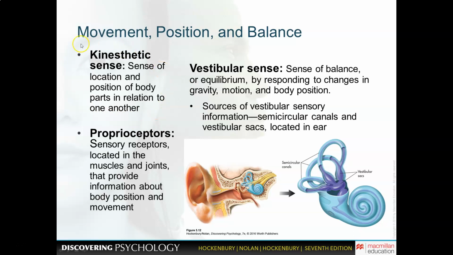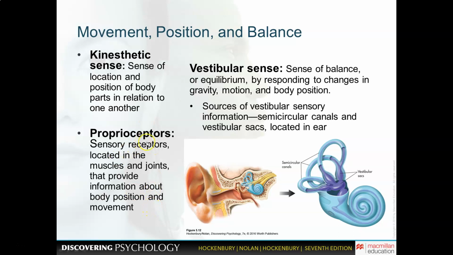Our brain is giving us feedback on the position of our body and where it's located in space. Now, our vestibular sense, remember, is our sense of balance. That refers to changes in gravity, motion, body position. Let's keep it simple: vestibular means balance. Kinesthetic means location and position of our body.